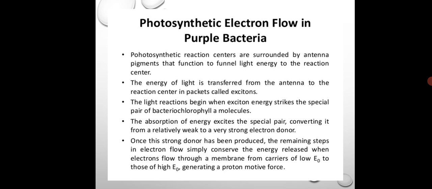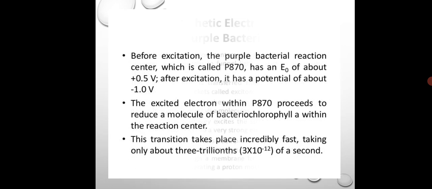Okay, so as this light is being transferred to the reaction center, it gets excited. It reaches the excited state, and that excited state is given by the mark. Let's see the diagram.